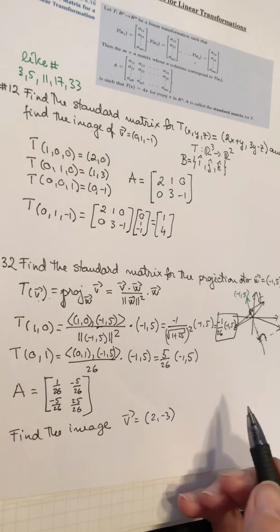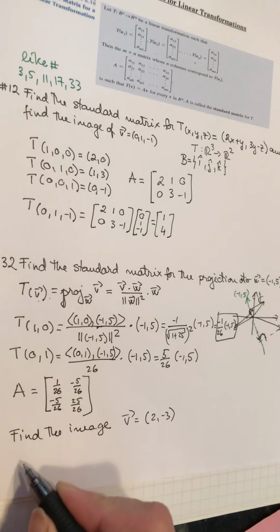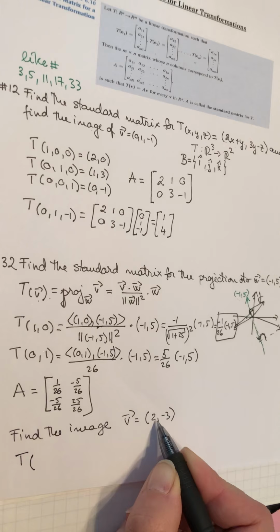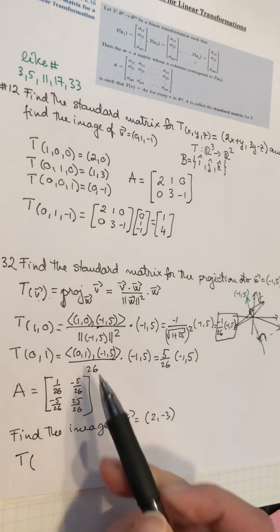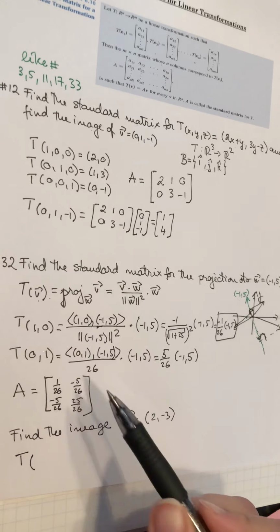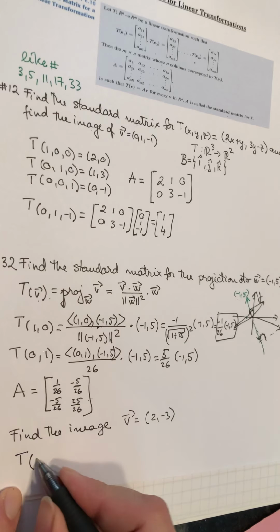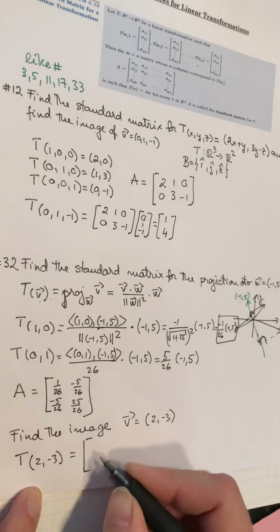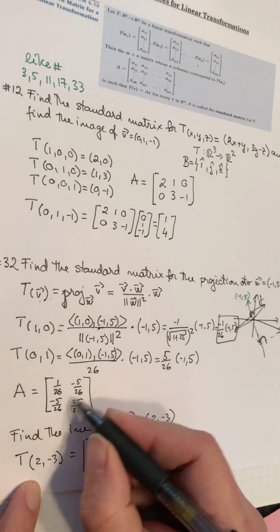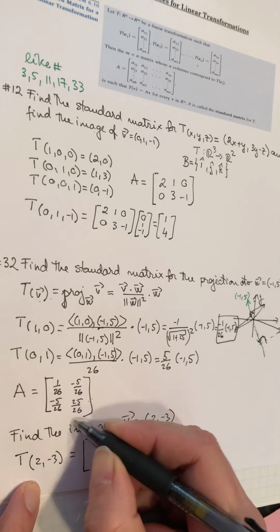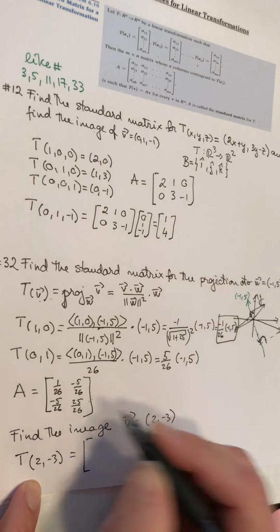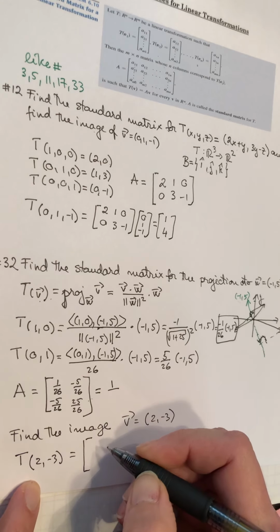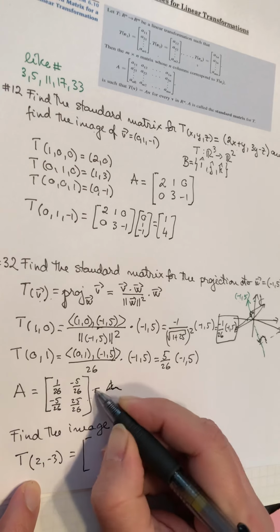So what we're going to do is put this vector through the transformation. Instead of going through this computation again, we're just going to multiply it by this matrix. You see that there's a multiple of 1/26 everywhere, so you can make your life a little bit easier.